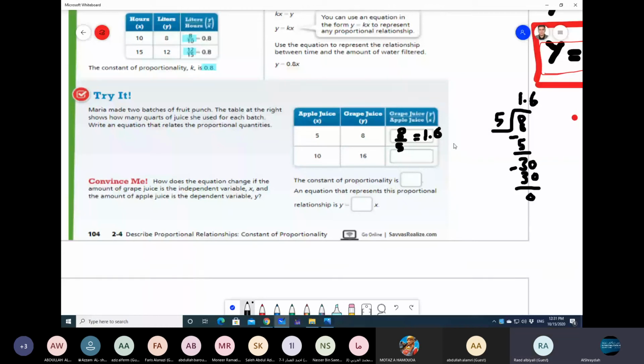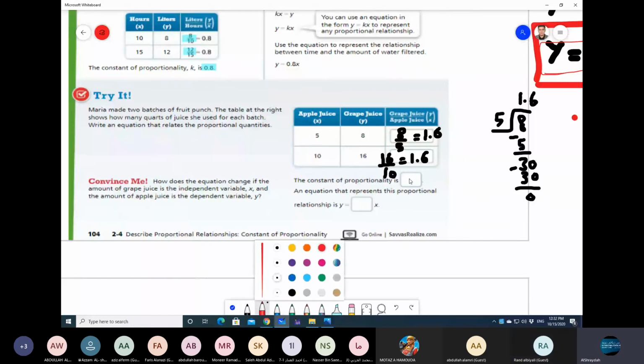What about the next one? It's 16 divided by 10. Excellent, and 16 divided by 10 gives you 1.6. So what will be the constant of proportionality? It's 1.6.